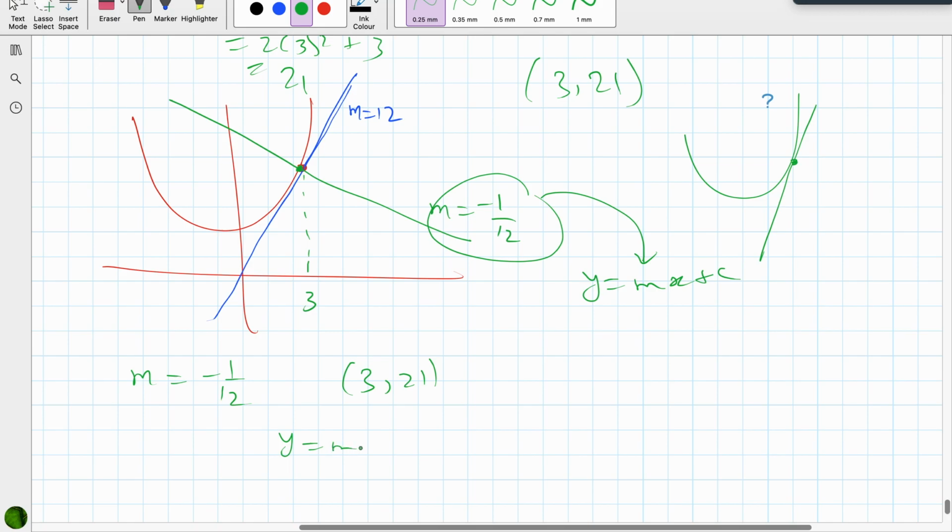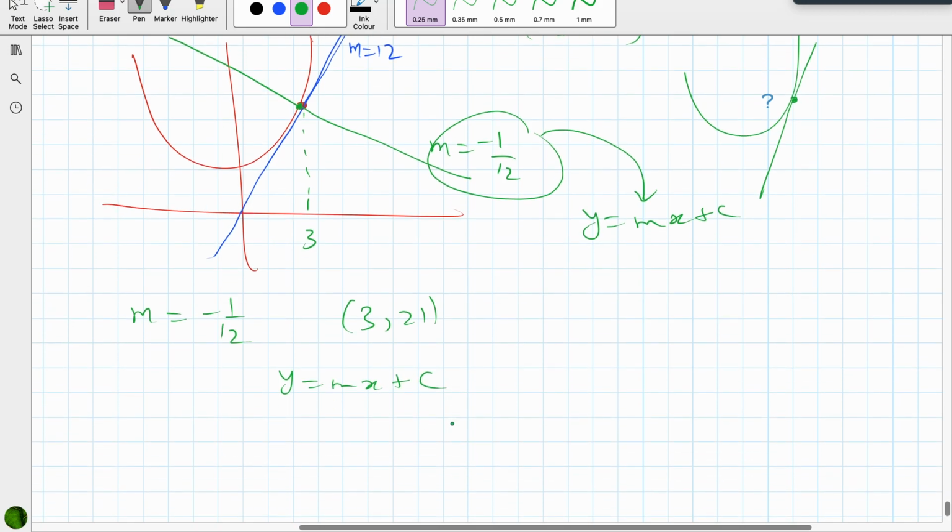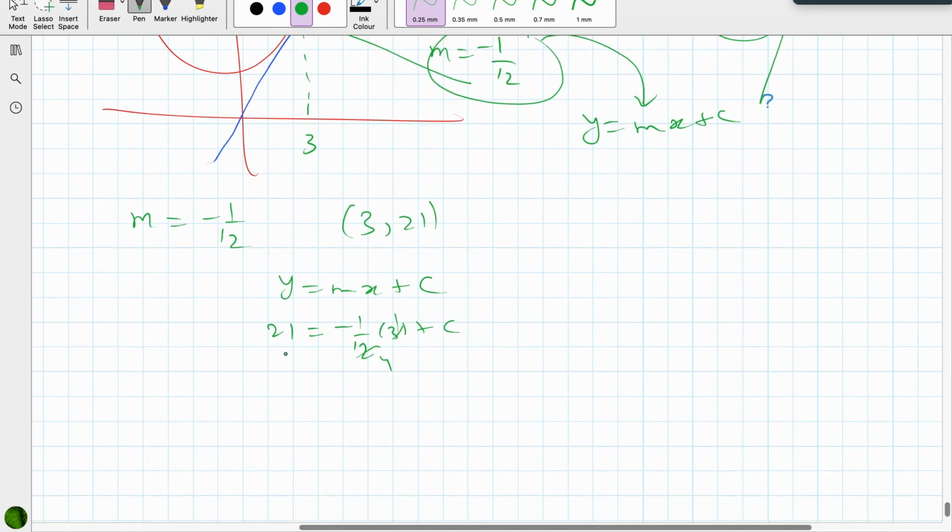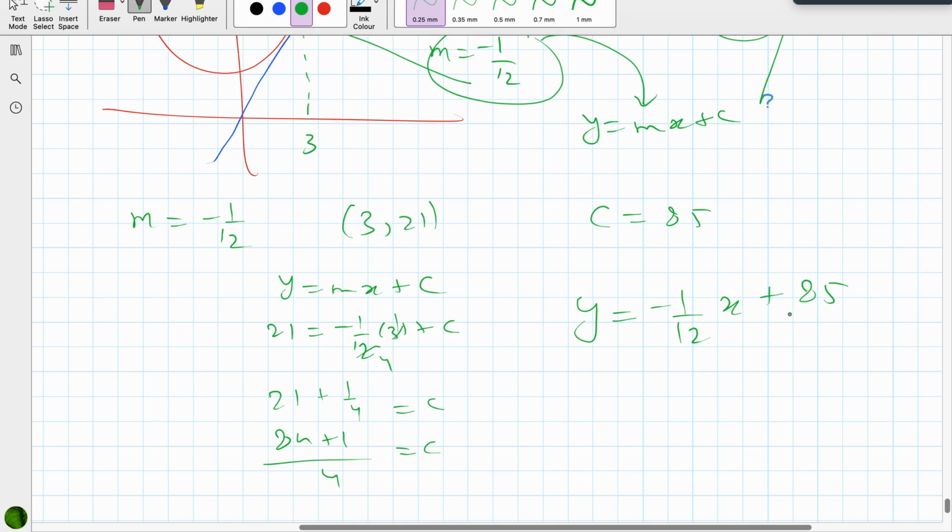So y is equal to mx plus c. y is 21, gradient is -1 by 12, x is 3, plus c. 12 divided by 3 is 4. So 21 plus 1 by 4 is c. c is equal to 85 by 4, and y is equal to -1 by 12 x plus 85 by 4.